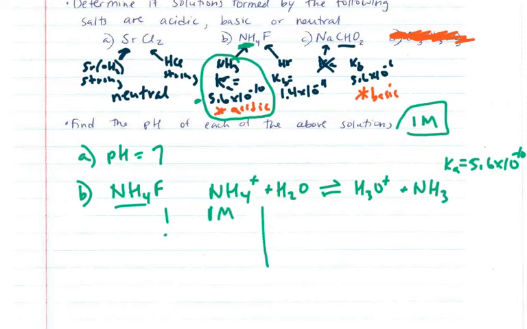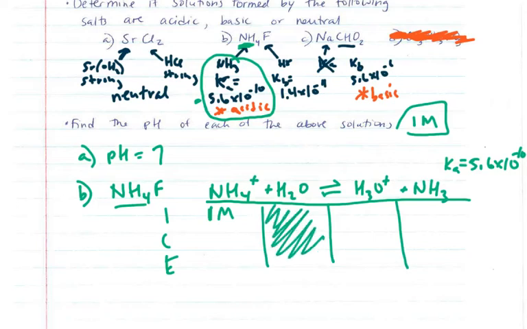We make our ICE table. We don't care about the water because it's a liquid, and pure liquids are not involved in equilibria. So initially this is 0. This goes down by x, this goes up by x. 1 minus x equals x.